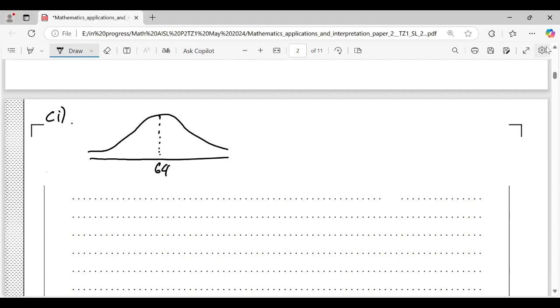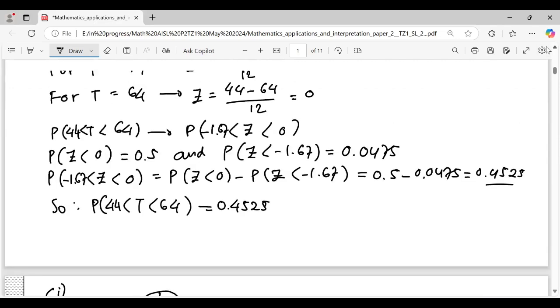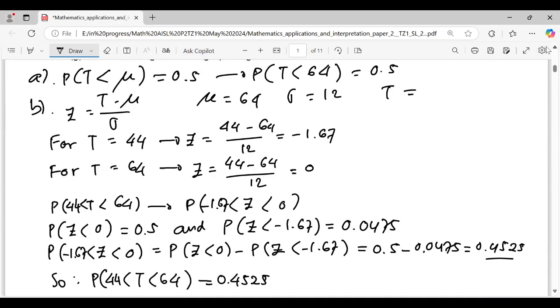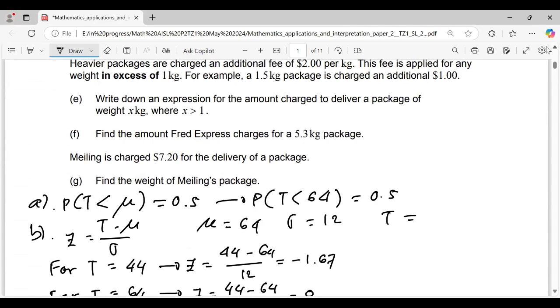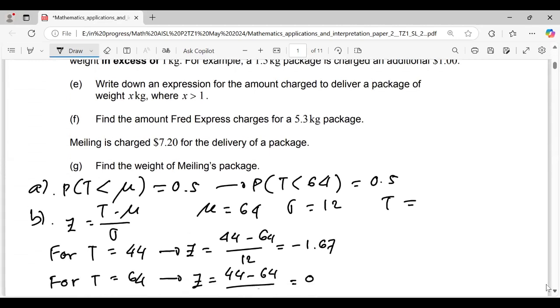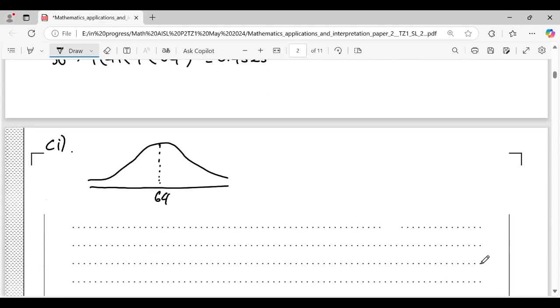According to this information, t is less than 64, t is less than mu, so t is located on the left side. So k is around here. This is k, and this is the t area. All right, this is mu.